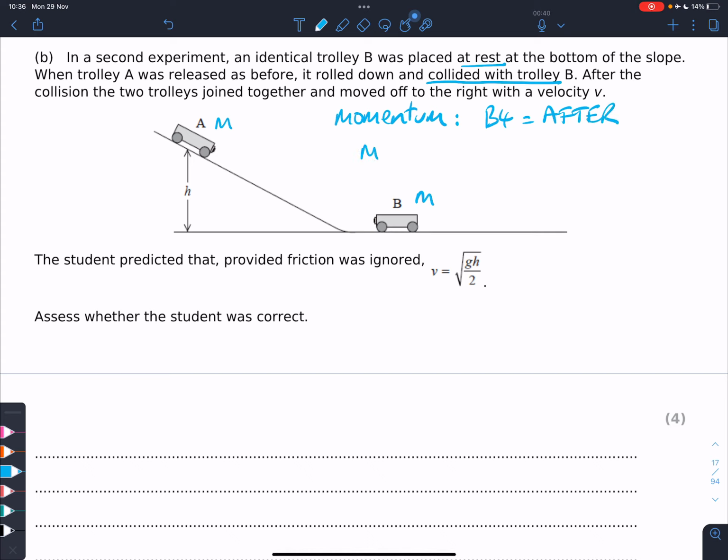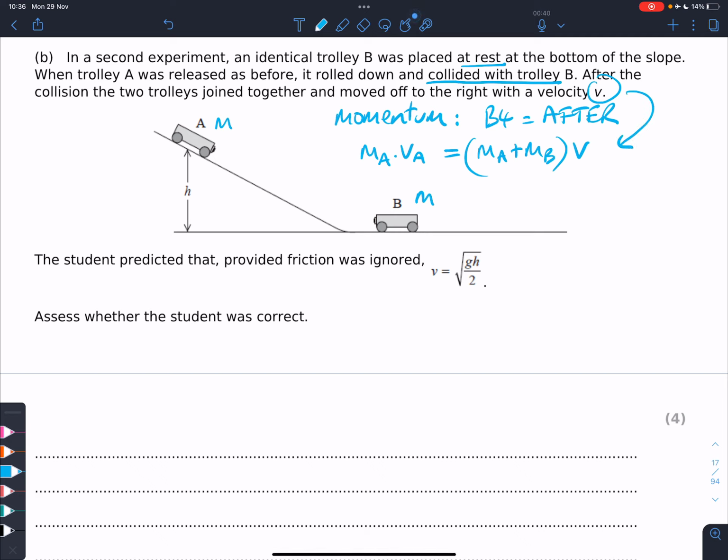Well, we've only got one thing moving. So you've got the mass of A times the velocity of A is equal to, when they join together, the mass of A plus the mass of B, because they're joined together now, times this new velocity v here, which is what we've got to find.